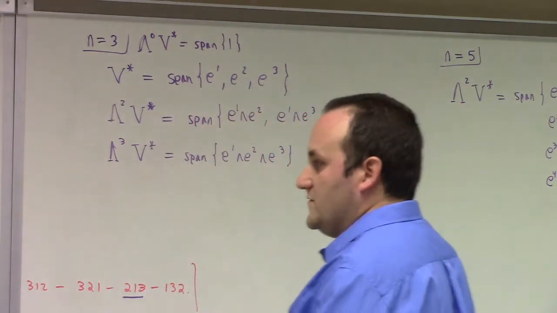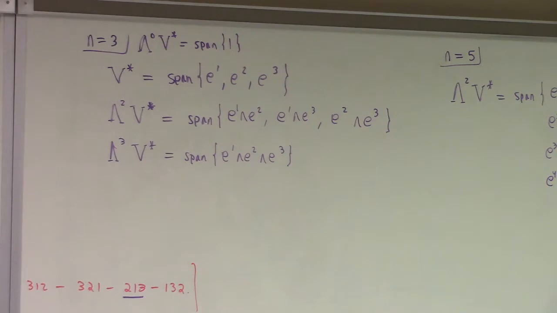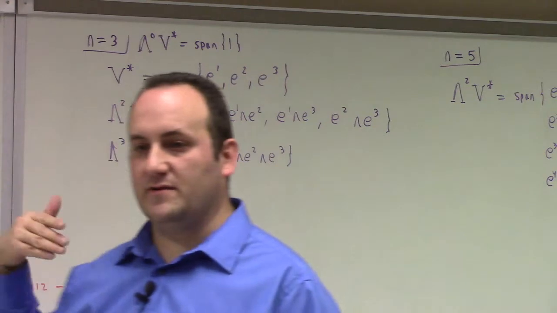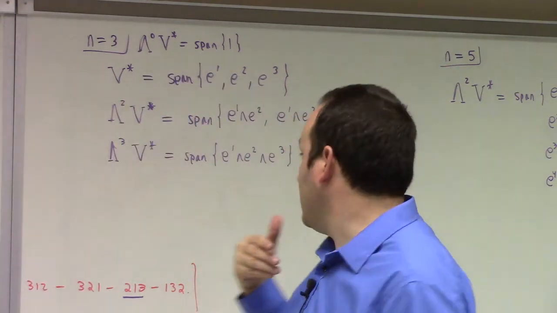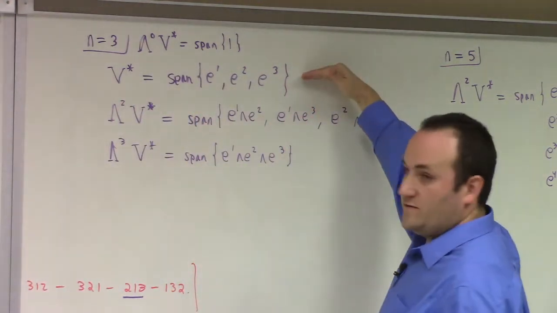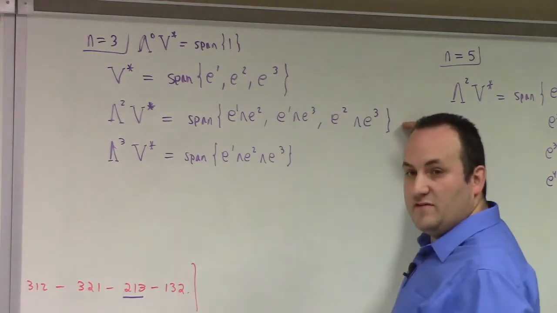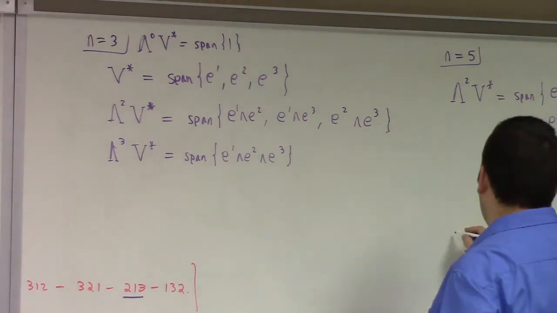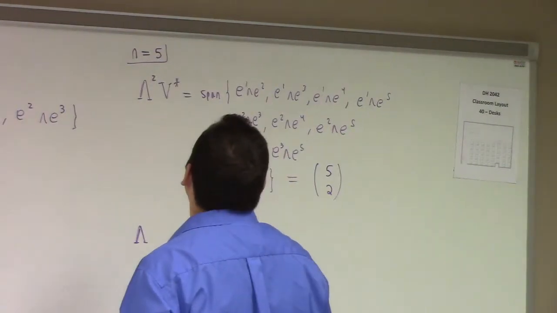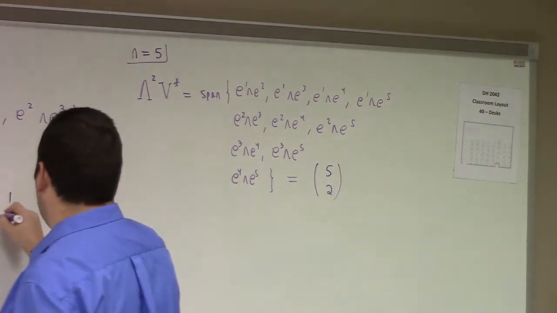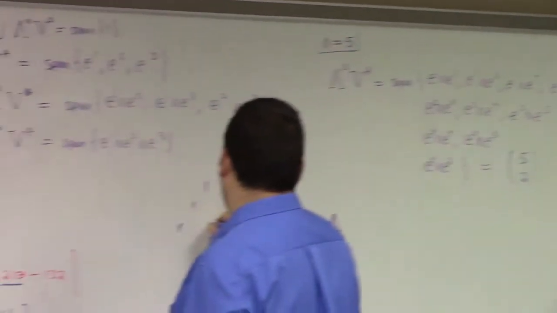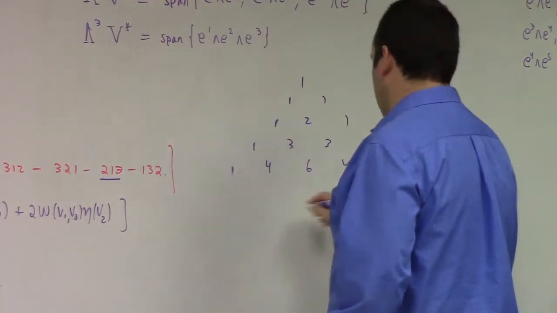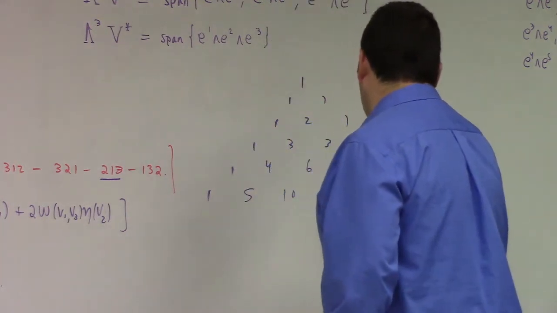Yeah, the binomial coefficients always give you the dimensions of the different spaces. Now, you also know from Pascal's triangle that there are certain symmetries between different binomial coefficients, right? It's no accident that this is 3-dimensional and this is 3-dimensional. So 1, 1, 1, 1, 1, 2, 1, 1, 3, 3, 1, 1, 4, 6, 4, 1, 1, 5, 10, 10, 5, 1.